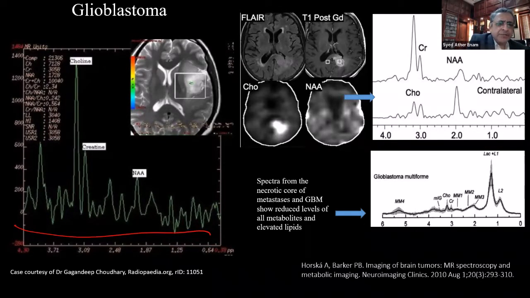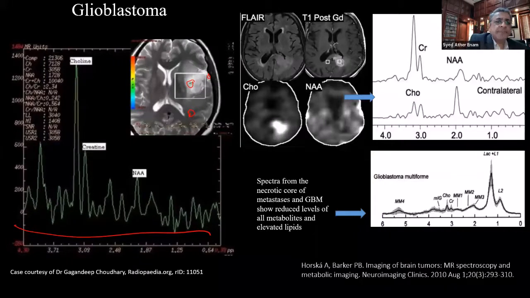You always get it in a very small voxel, and a lot of times they would compare it with a voxel in a normal area also. If the voxel is chosen somewhere over here, it will not give you a good result. It has to be away from artifact-producing areas.